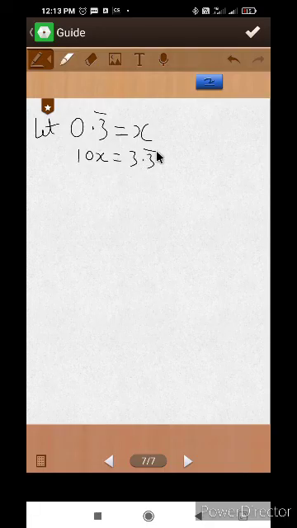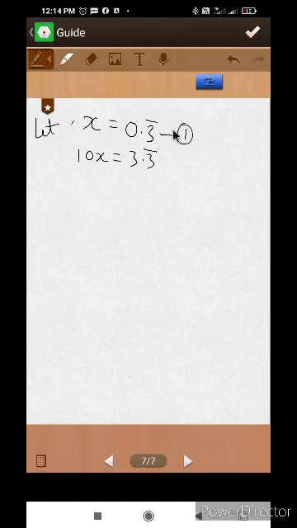The above equation can also be written as x equals 0.3 bar. Make this as equation number 1, and this as equation number 2.